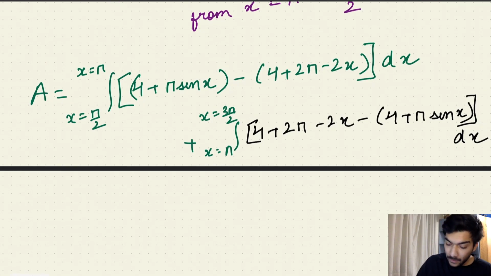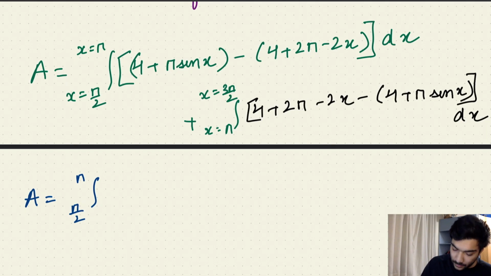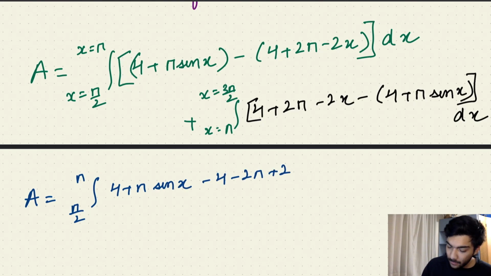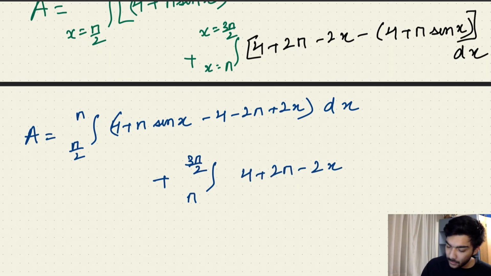So now if we simplify our area, the area would be the integral from pi by 2 to pi of 4 plus pi sine x minus 4 minus 2 pi plus 2x dx, plus the integral from pi to 3 pi by 2 of 4 plus 2 pi minus 2x minus 4 minus pi sine x dx.